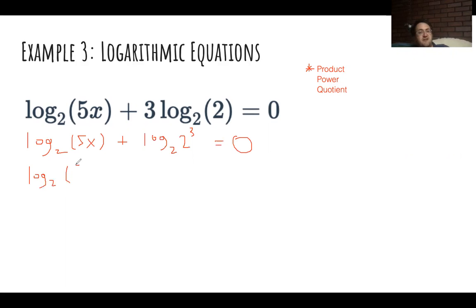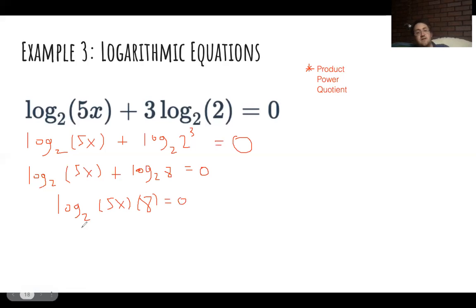I'm probably putting in maybe 1 or 2 more steps than what's needed, but I just want everybody to see where this is coming from. So this is going to be log base 2 of 8. And now we're going to use that product property. So this is log base 2 of 5x times 8, and this is log base 2 of 40x.